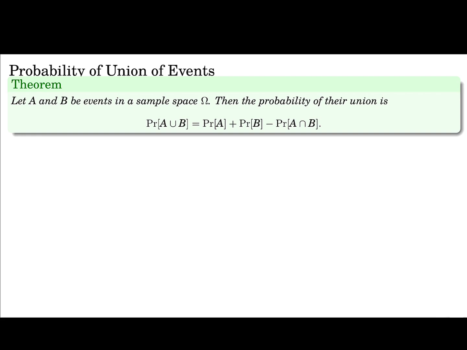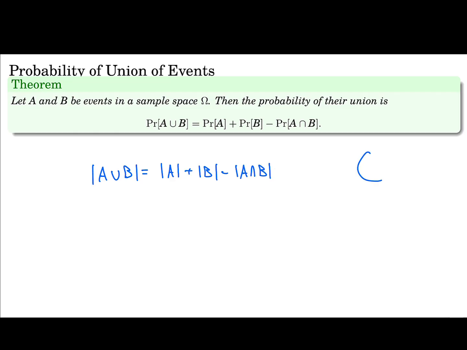Remember that in general, when you take the union of two sets, this is going to be the cardinality of one of them plus the cardinality of the other one minus the cardinality of the intersection. Why?